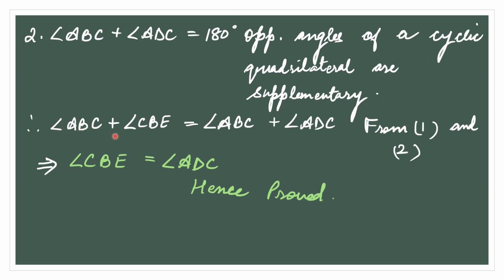Then angle ABC plus CBE, which we have found is 180 degrees, is equal to angle ABC plus ADC. ABC again we can cancel out, and then we find that angle CBE is equal to angle ADC. Hence it is proved that the exterior angle CBE is equal to angle ADC, the interior opposite angle of the cyclic quadrilateral.